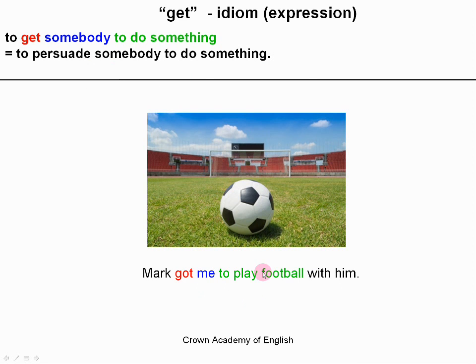Mark got me to play football with him. Okay, so Mark wanted to play football, and he wanted me to play football also with him. So Mark got me to play football with him.